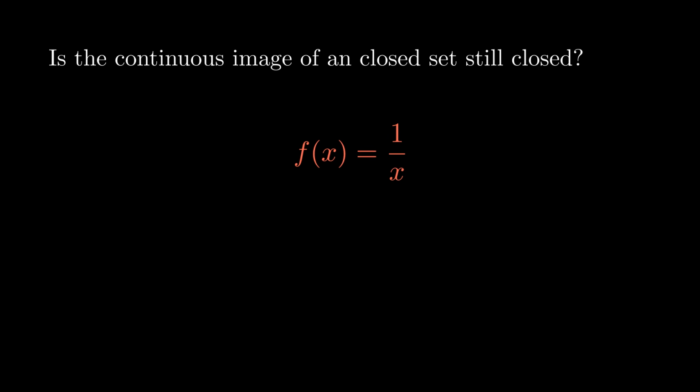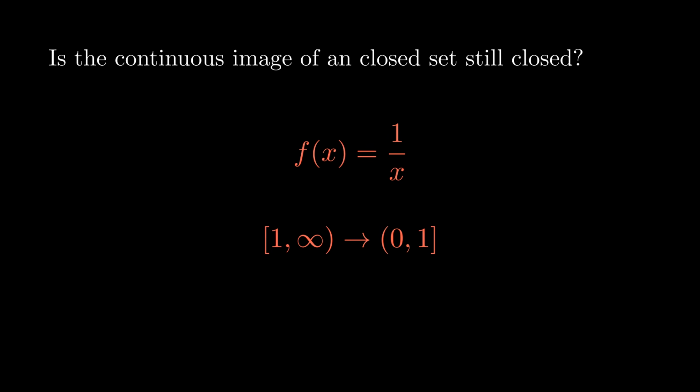If we just take the closed interval 1 to 2, that still maps to a closed interval. But we don't need a closed interval, just any closed set. So let's take the set of all numbers greater than or equal to 1, the interval from 1 to infinity. If we pass this through the function 1 over x, then we get the half-open interval 0 to 1, not containing 0, which is not a closed set.